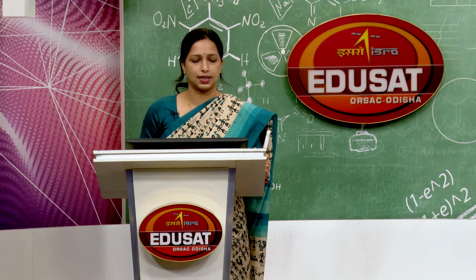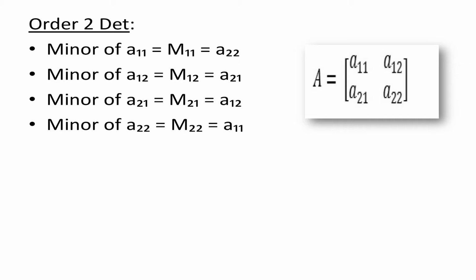As you can see in the slide, I have shown you an order 2 determinant. The elements are A11, which signifies row 1 column 1, A12, which signifies row 1 column 2, A21, which means row 2 column 1, and A22, which means row 2 column 2. Now, how do we find the minors of these elements? The minor of A11 is written as M11. We delete the row and the column in which A11 exists.